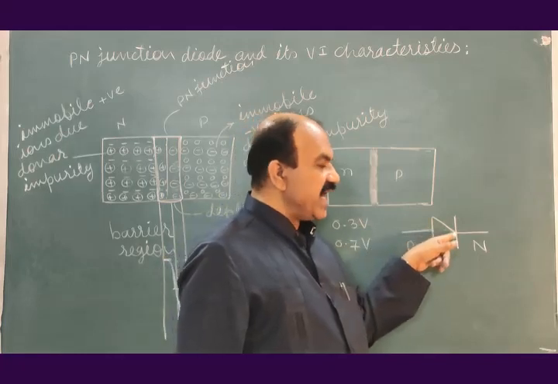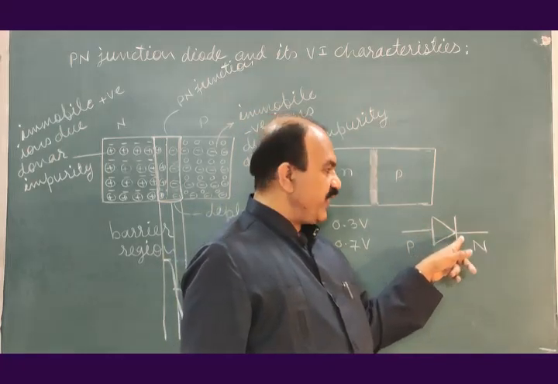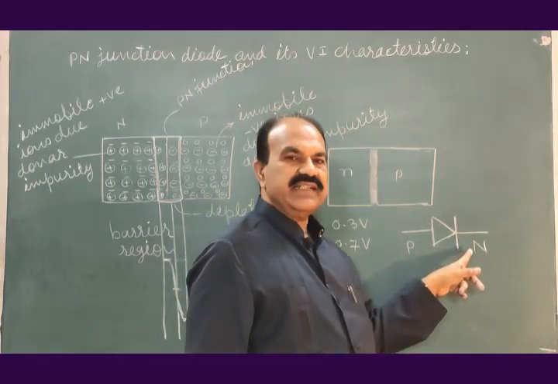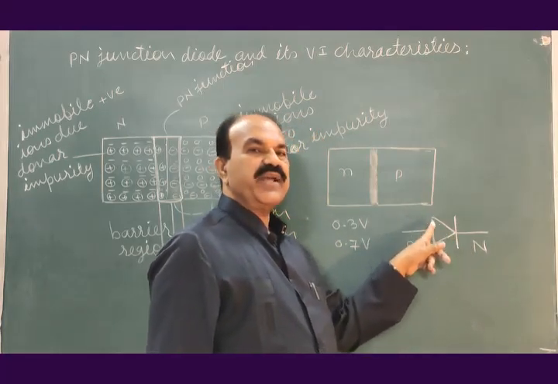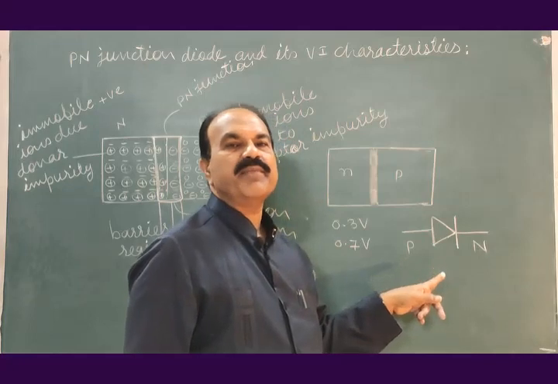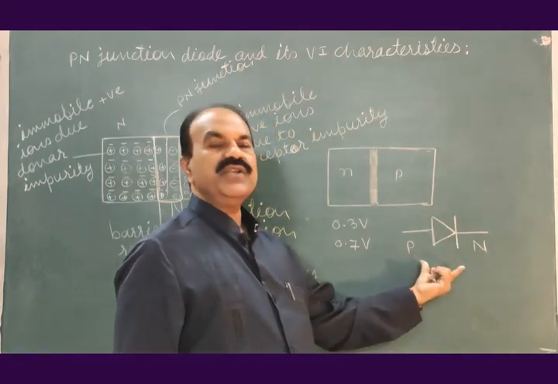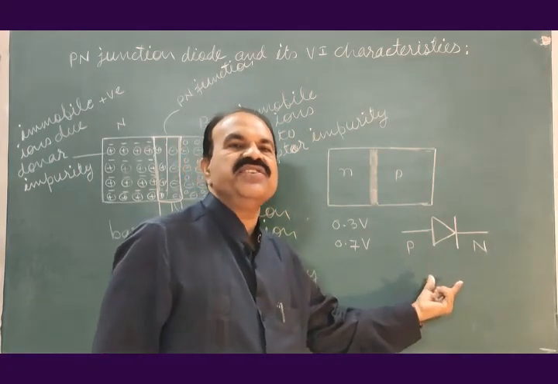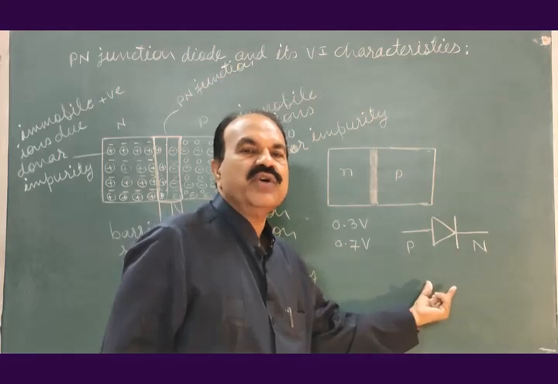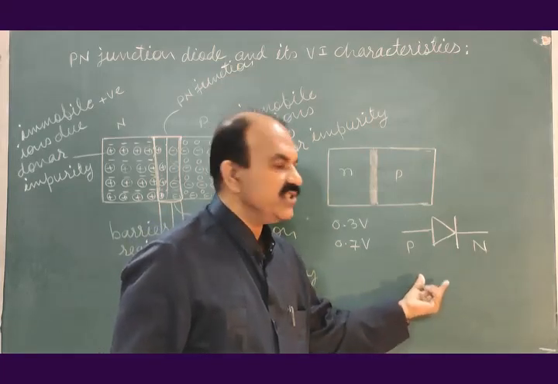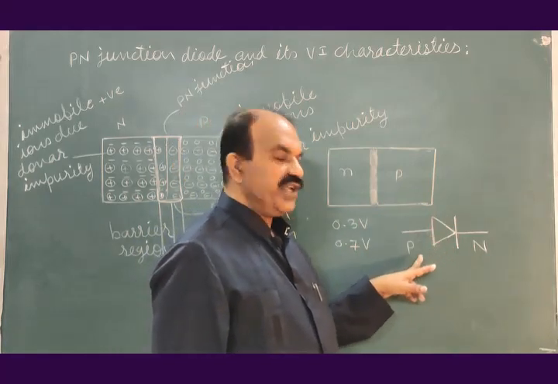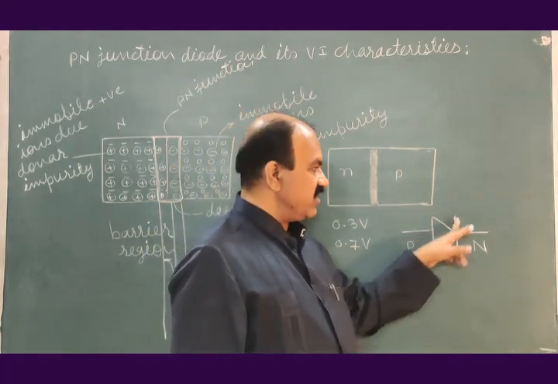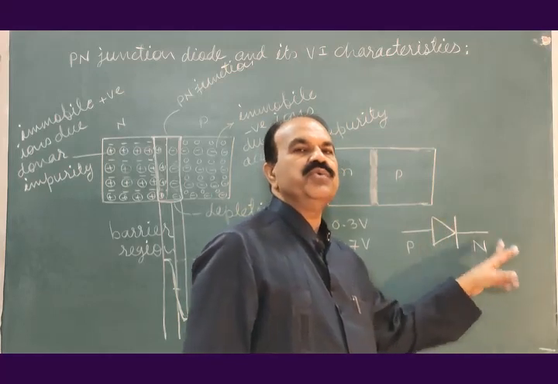Whenever you see the arrowhead, it represents the n type of semiconductor, and the back of the arrowhead represents the p type of semiconductor. So whenever you see this symbol in any circuit diagram, you have to understand that this is a p-n junction diode, with this side corresponding to p type and this side to n type.